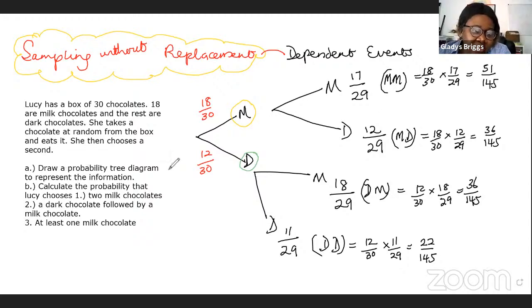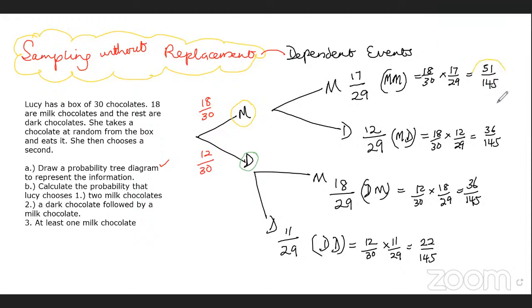Yeah. So we've done the first one to get the full marks. You got this one. You're definitely going to get a 3 in your exams, so prepare for that. The probability that Lucy chooses 2 milk chocolates. What's that going to be then? 51 over 145.